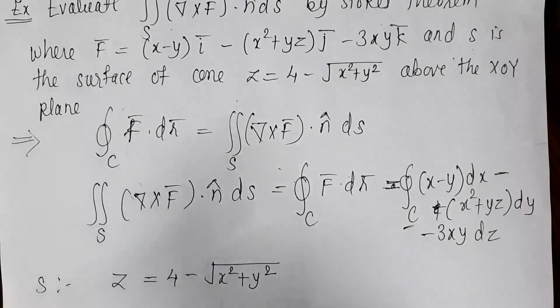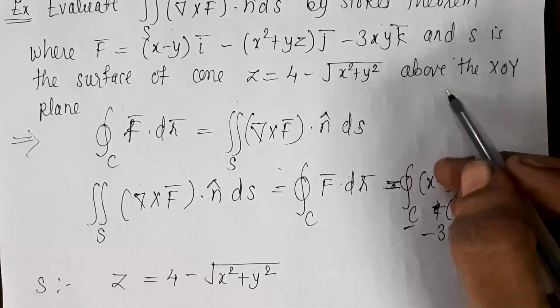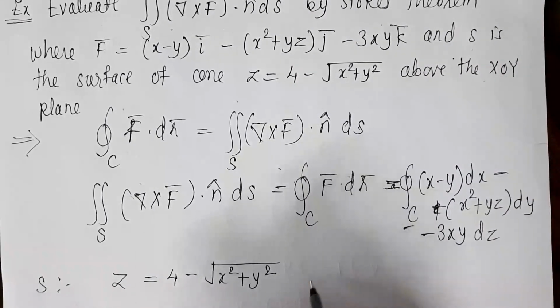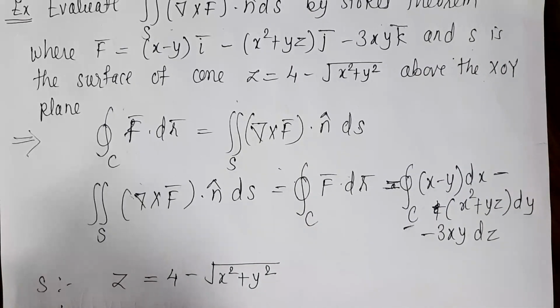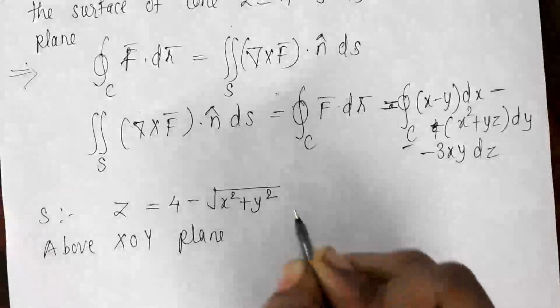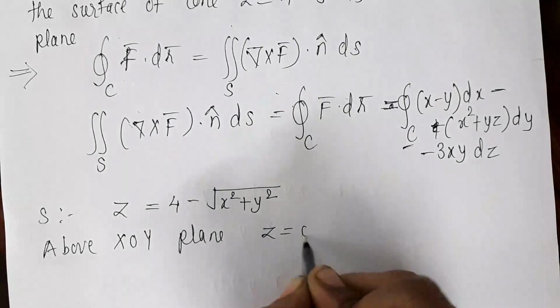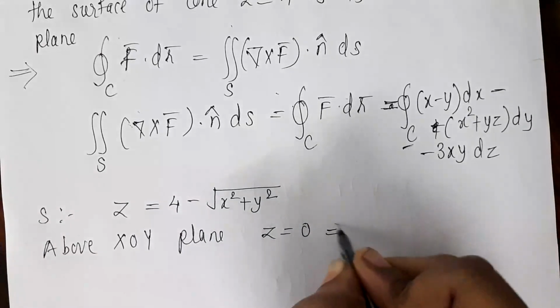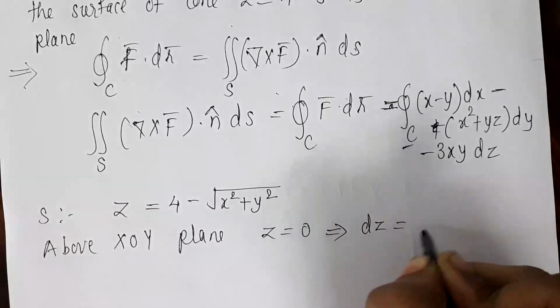If this is the surface S and it lies above the XOY plane, this is mentioned here. Above XOY plane means what? Z is equal to 0. Above XOY plane, Z is always 0. So if Z is equal to 0, dz is also equal to 0.